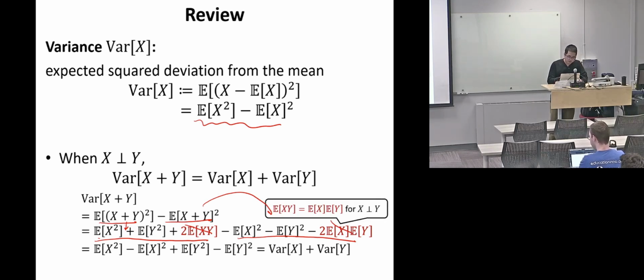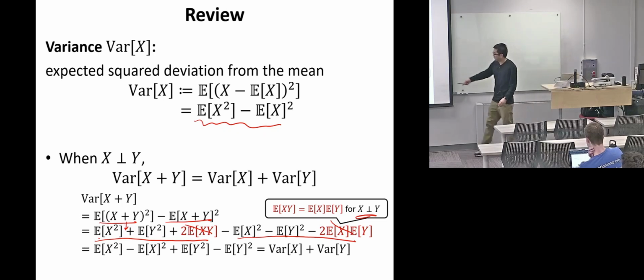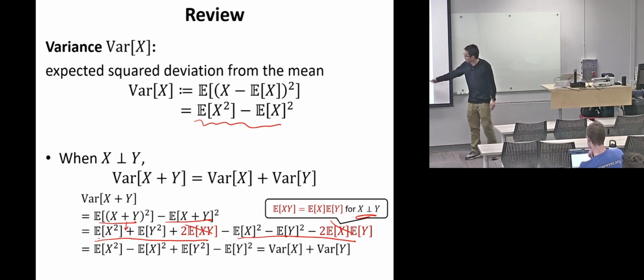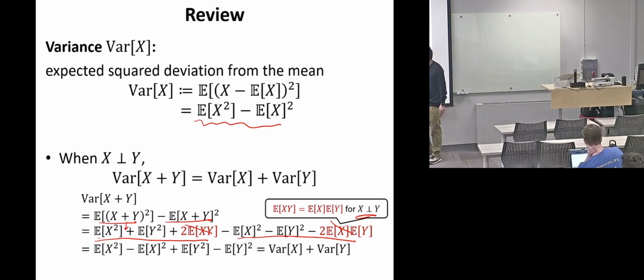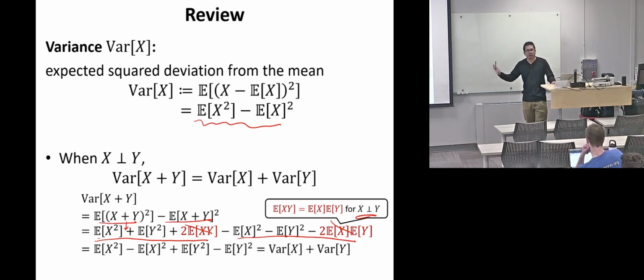Why? Because now we use that they are independent, and when you rearrange the terms, you get the variance of x plus the variance of y. It's just some calculation, and you can confirm this. You don't need to go through this carefully right now, but convince yourself at home that it's true.